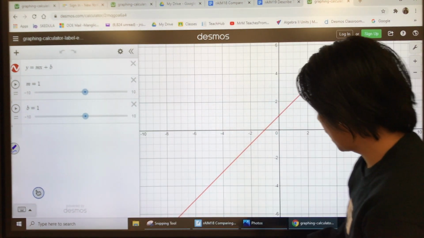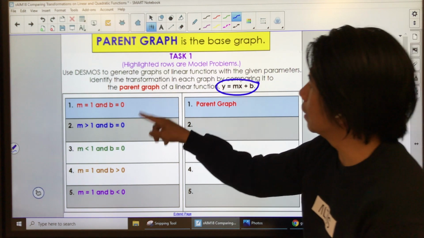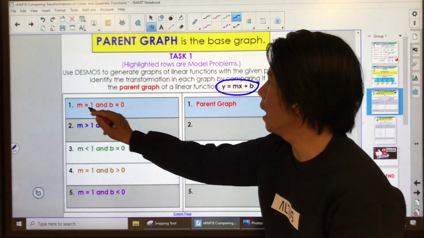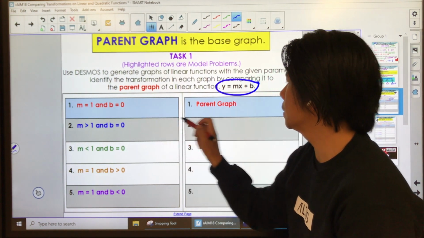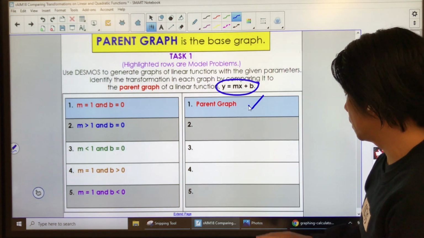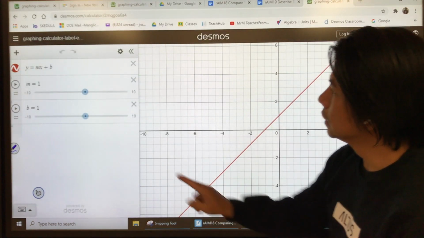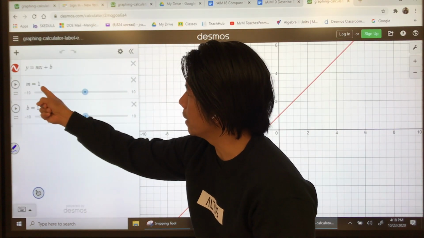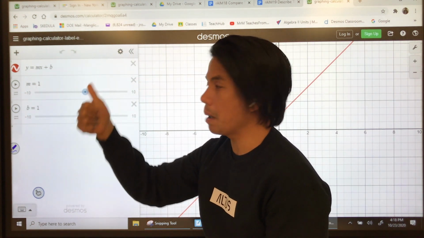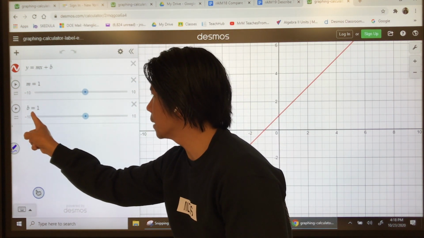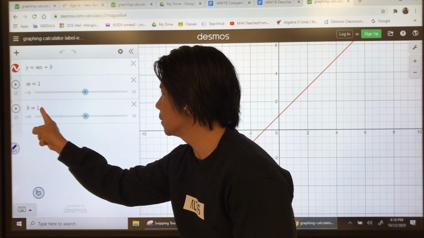Now, again, going back to our parameter, m is equal to 1, b is equal to 0, and that is called parent graph. So m is equal to 1 right now, so we're good with the first parameter. The second parameter says b is equal to 0, right?